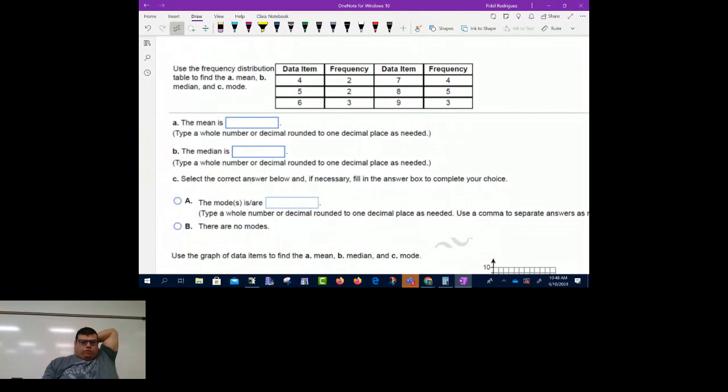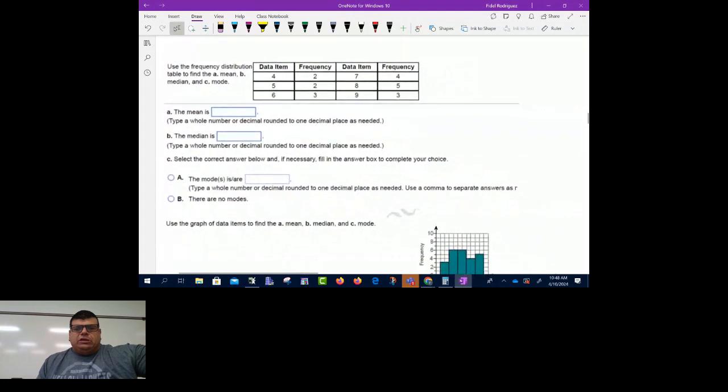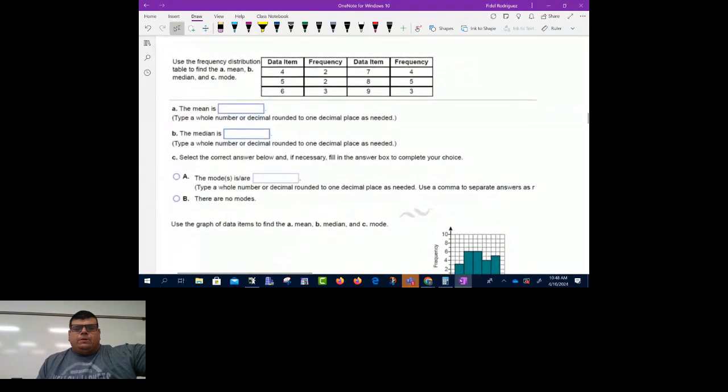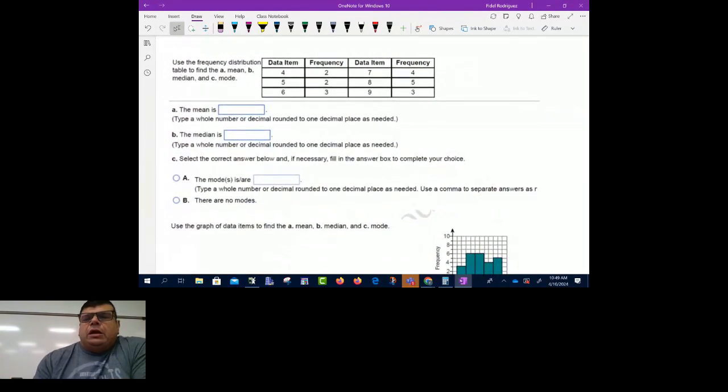Okay, so y'all, let's take a look at the next problem here. So we have a frequency distribution, okay? And so y'all, I'm gonna write this a little bit differently. I'm gonna make my chart, right? But I'm gonna put the number here, and I'm gonna put the frequency over here.